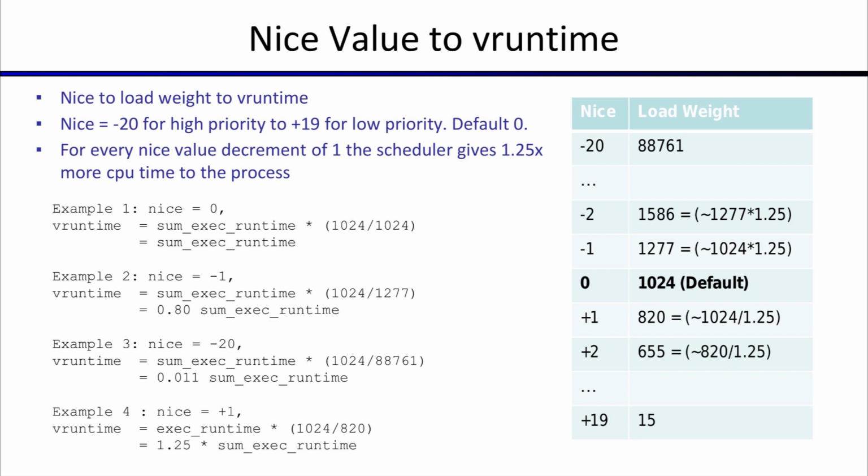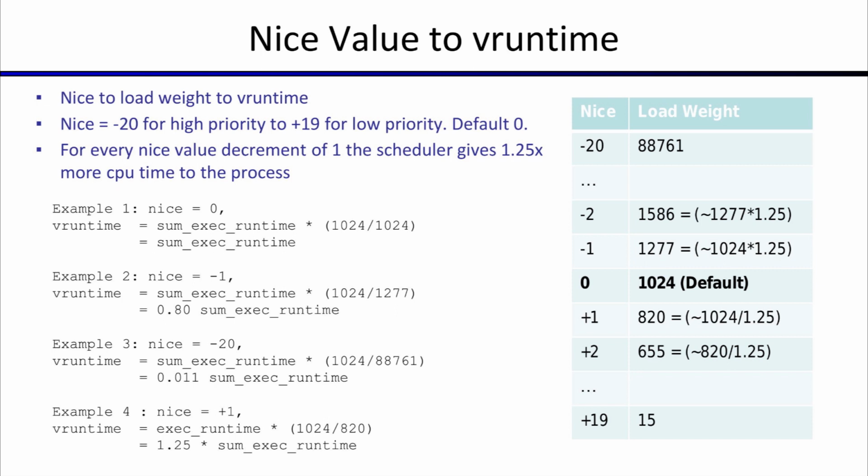Now, if the nice priority decrements by 1 and becomes -1, the load weight will increase to 1277, which is roughly equal to 1024 multiplied by 1.25. If you now decrement by 1 again, you will again have the value multiplied, the previous -1 value of 1277 multiplied by 1.25, giving you about 1586.